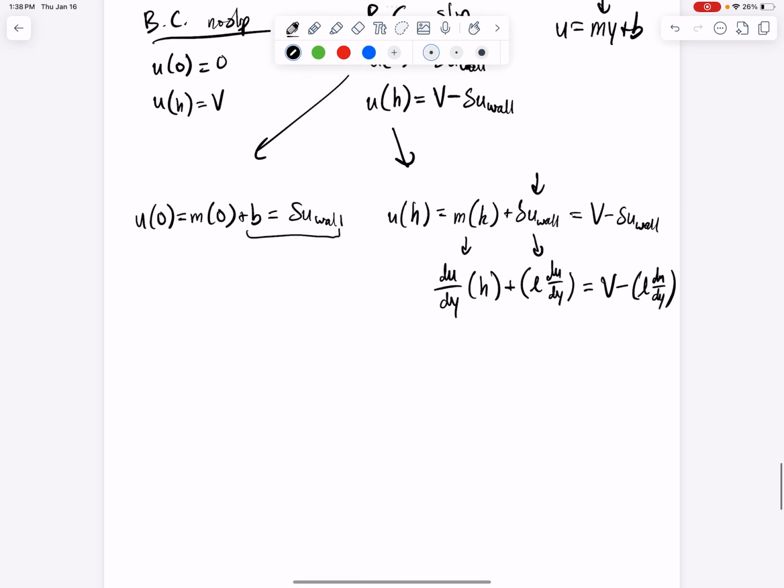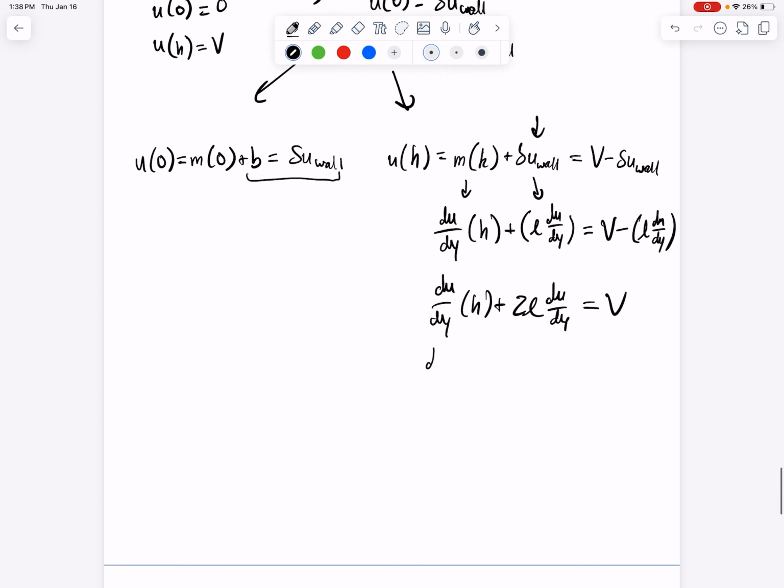So I'm now going to isolate for du/dy. So du/dy times h plus 2L du/dy, as I moved it from the right side to the left side, equals v. Isolating for du/dy, I get v over (h plus 2L). So that's my slope, and once again, it's just m.